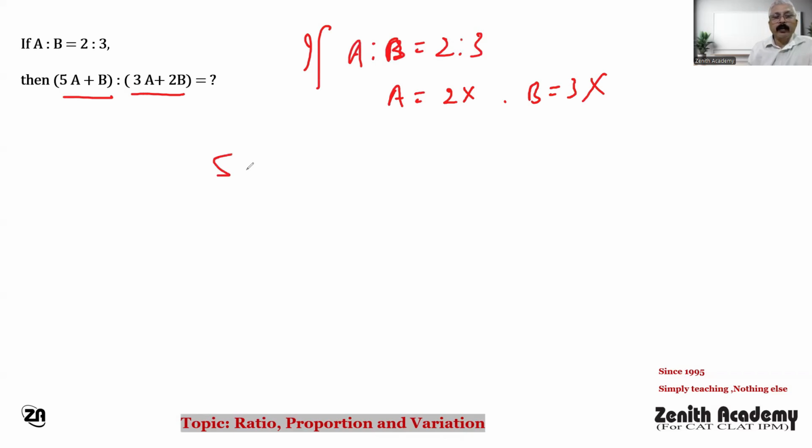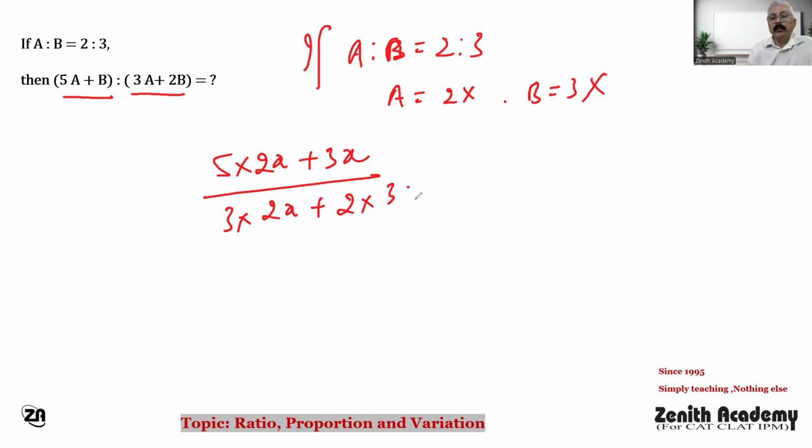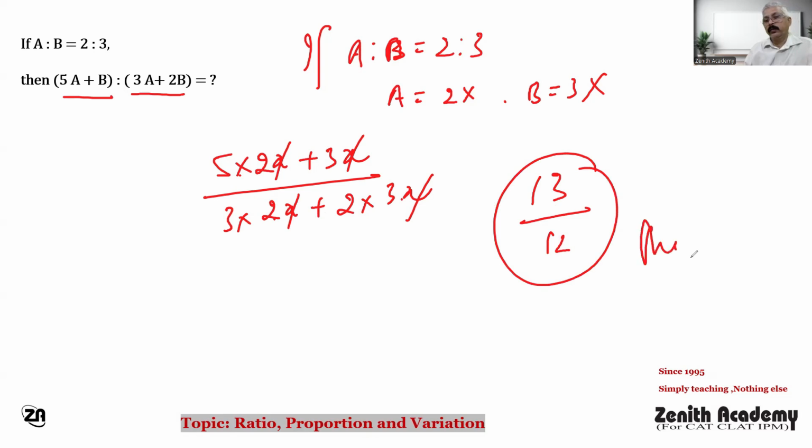Simply put here, 5 times 2x plus 3x is to 3 times 2x plus 2 times 3x. The x cancels. So 10 plus 3, 13, and 6 plus 6, 12. This is your answer.